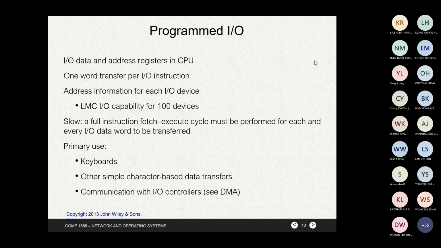Remember, I did ask you some basic questions. What is the difference between 32 bits architecture and 64 bits architecture, last week or before the break? I hope some of you have managed to get the answers or clarification.